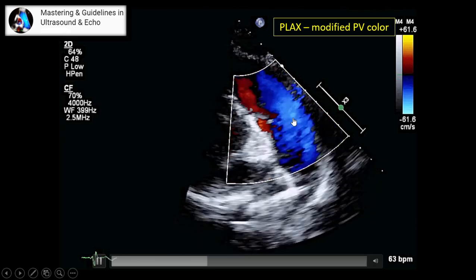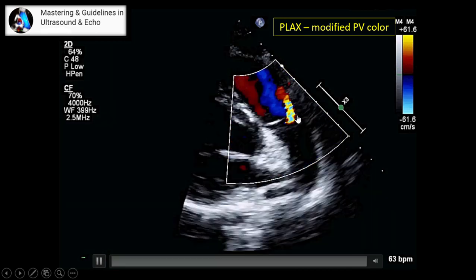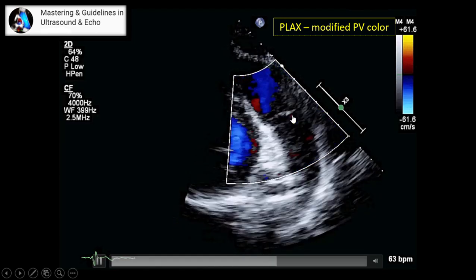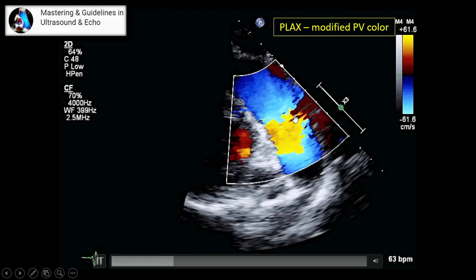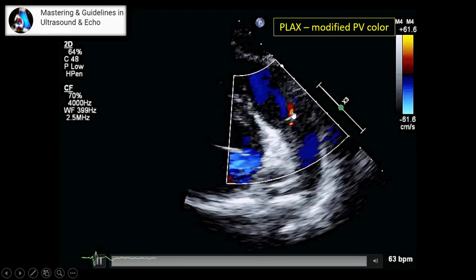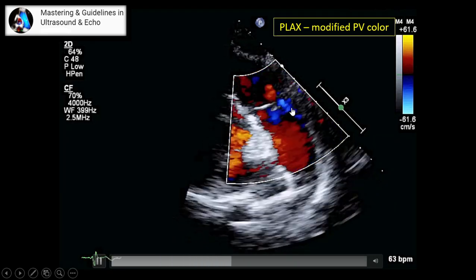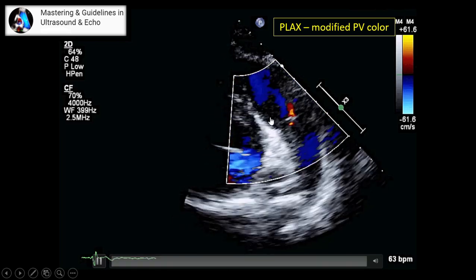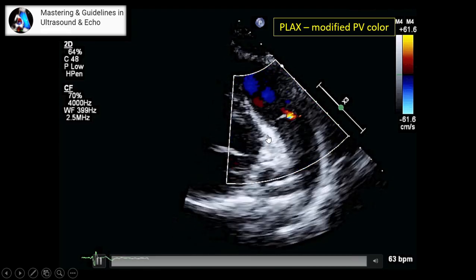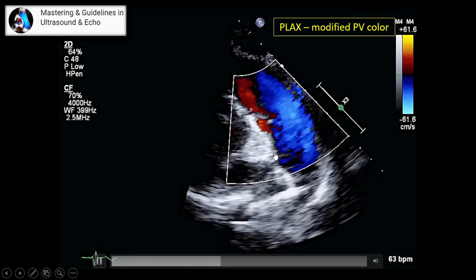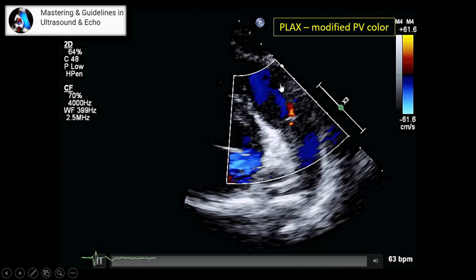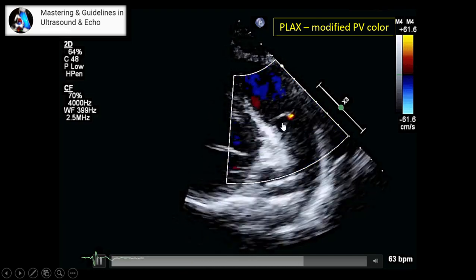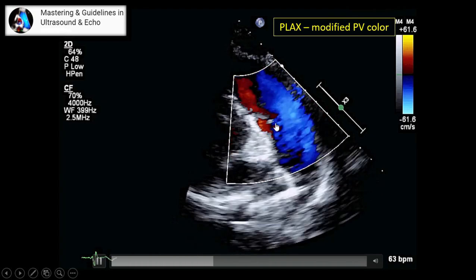Here you see the jet. The most important characteristic of the PI is that the jet starts at the level of the closing pulmonary valve, because at this level sometimes a coronary artery passes through this area, and it gives us some positive jet, and it makes us confused.